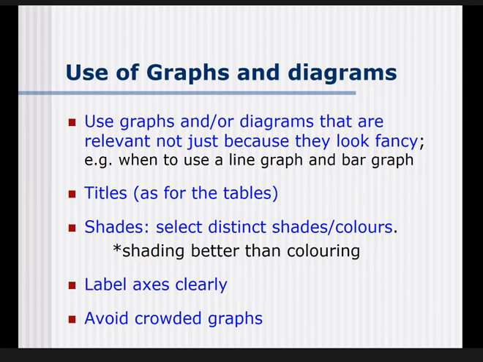The case of titles is as for the tables, the principle is the same, only that the titles for graphs are put at the bottom of the graph, whereas for the tables, it is at the top of the table. The shades. When you are shading your bars or your lines in a graph or in a diagram, you should select distinct colors or distinct shades, such that the 2 points you are presenting are distinctly different.